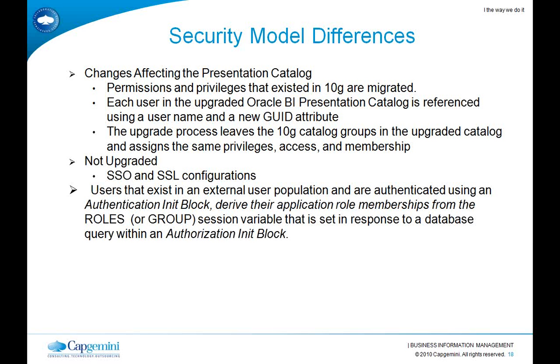What they're saying here is that the authentication and authorization init block kind of artificially takes the application role membership. So the group name and the application role name become synonymous, and that keeps your authorization intact when you're migrating upwards if you're using external authentication.